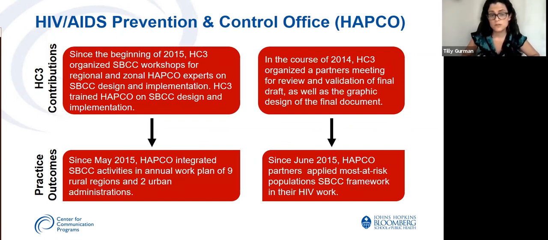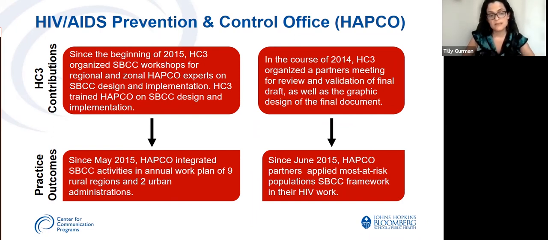So I wanted to just give you 2 examples of sustainable outcomes at HAPCO as well as the Ministry of Health. So within HAPCO, these were 2 examples of outcomes that we identified as sustainable. As you can see at the top of the slide is what HC3 specifically contributed and what was our influence on the outcome.